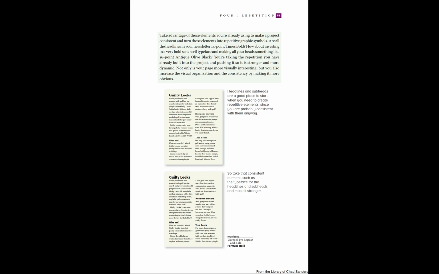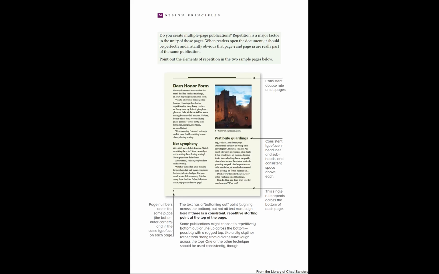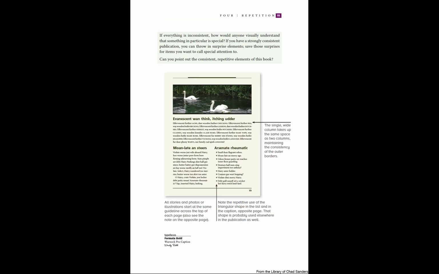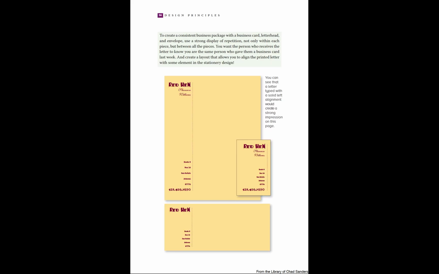Now they've got a different font, so you got that contrast, but then that organization kicks in, because everywhere that font repeats, I know that these are subheads, and I know that they're related, and they stand out more. And as I go through, say this is a textbook, as I go through this whole book, every time I see that text with that different font, I'm going to know that that's a new subhead. Same idea here and here.